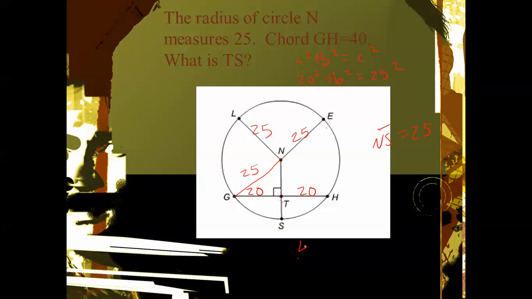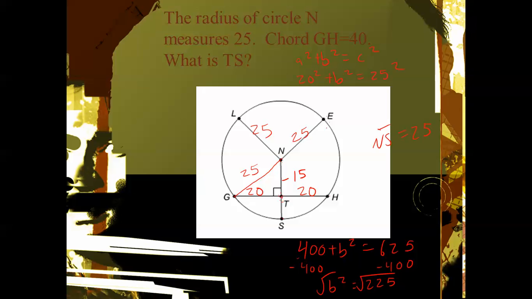And then 25 squared, which is 25 times 25, is going to be 625. Then you subtract 400 from both sides, which gives you 225. Then you take the square root of 225, and that's going to give you 15. So side NT is going to be 15.